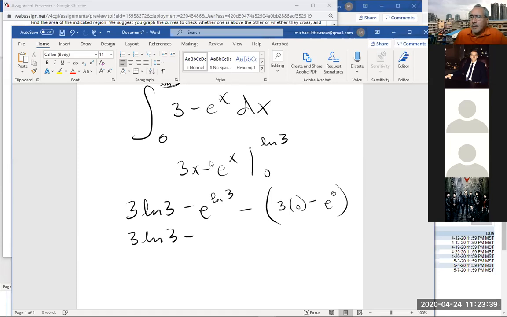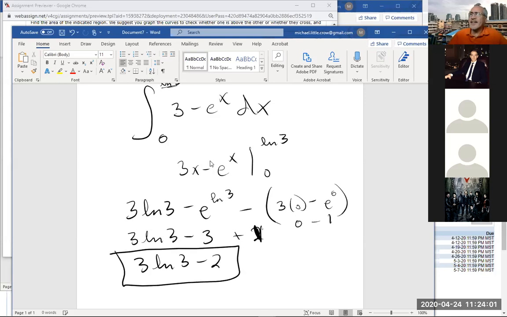It's 3 ln 3 minus 3. And then this is a minus. e to the 0 is 1. This is 0. A negative makes it a positive. Oops, not 2. I was thinking it positive 1. And yeah, then you get 3 ln 3 minus 2. There you go.